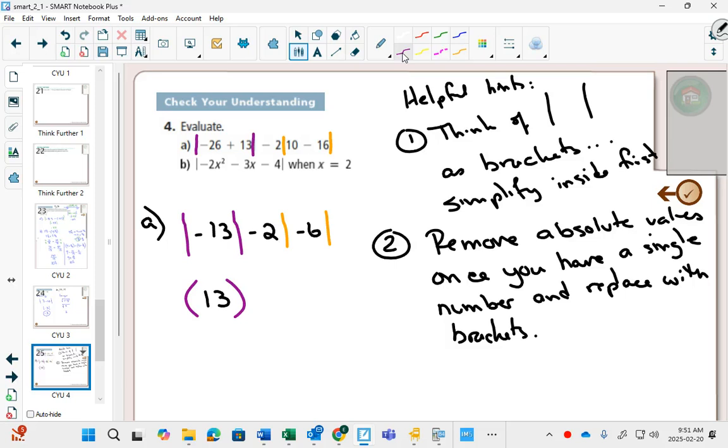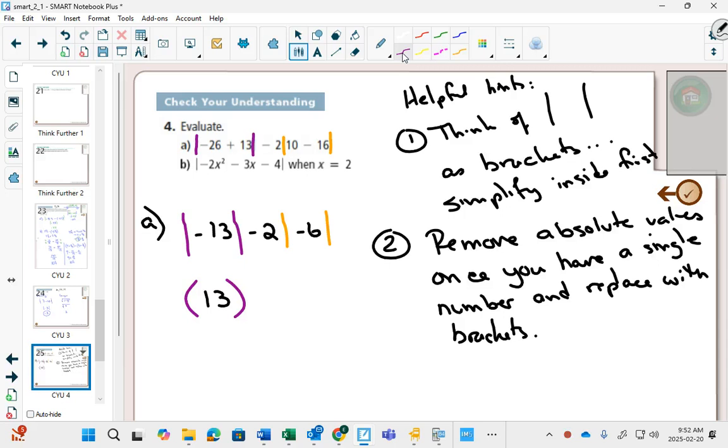Sometimes the brackets aren't necessary, and sometimes they're very important. So I have that as a helpful hint to replace it with brackets. It's not always necessary. I could have just written 13 here, and that would have been fine. But get into the practice of putting brackets in there temporarily just to make sure you don't miss anything.